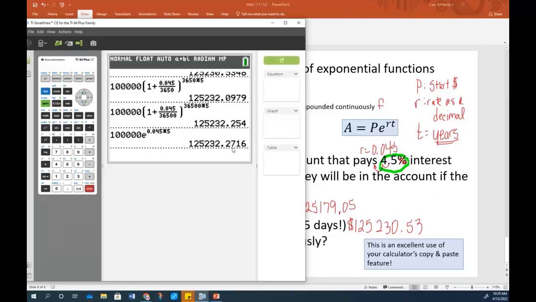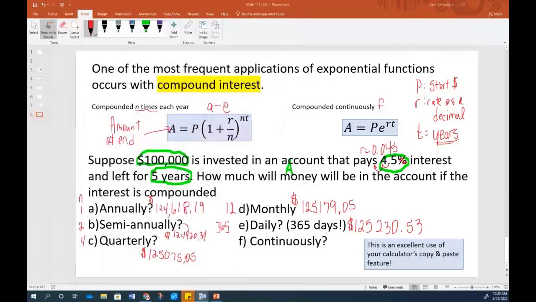And notice the difference between continuous and 100 times a day was just 2 cents. And that formula was probably worth 2 cents because it's so much better. 125,232.27. And part F then came from this formula.